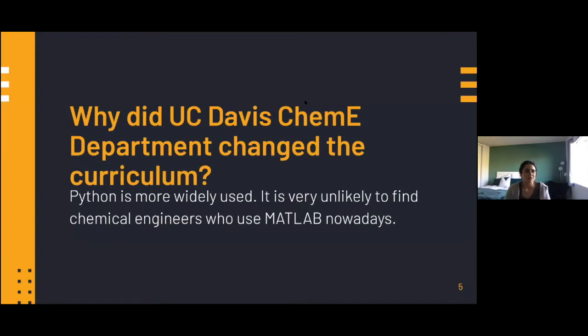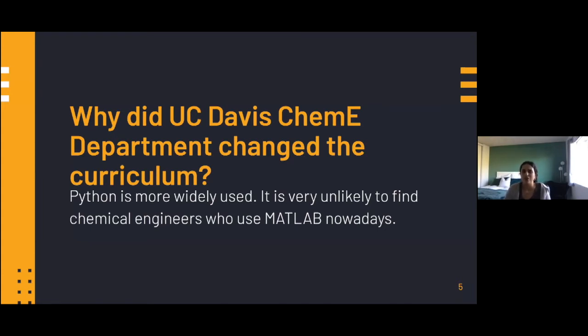Okay, so a little more about why the UC Davis Chemical Engineering Department changed the curriculum. A lot of the chemical engineers in the industry are using some sort of programming language, but it's not always MATLAB. As we all know, Python is widely used.